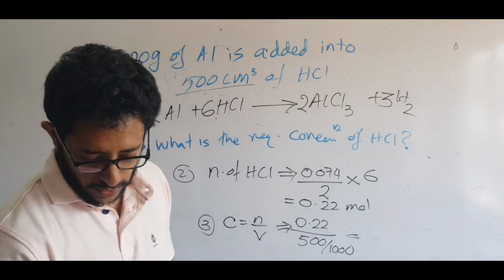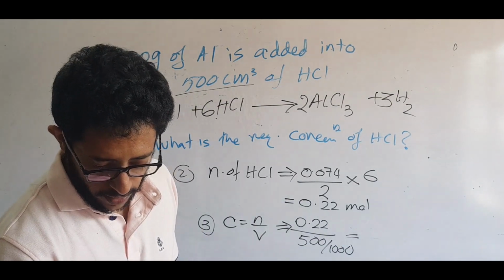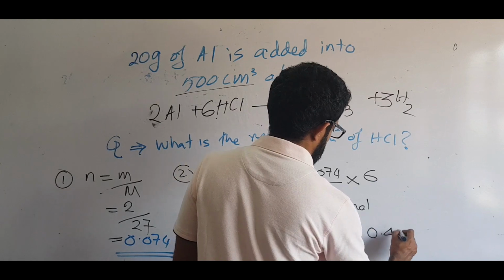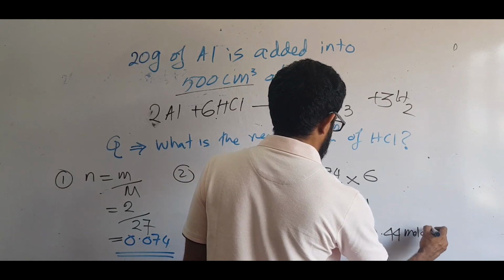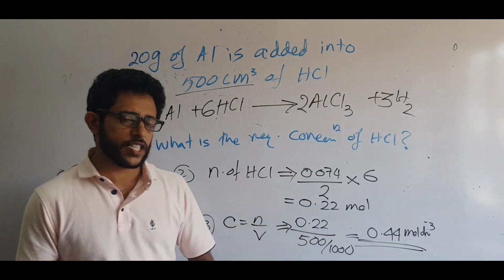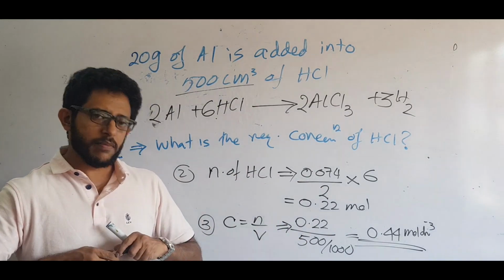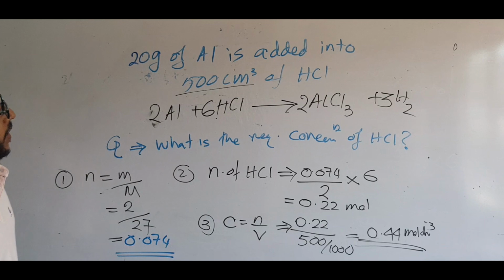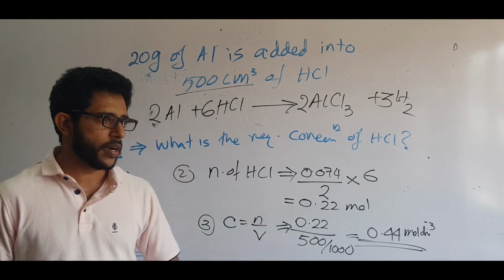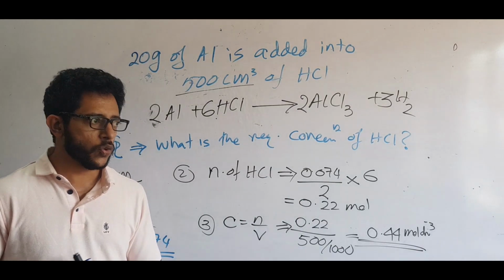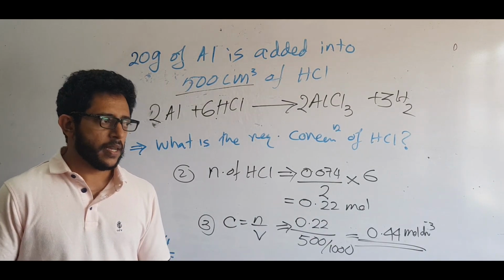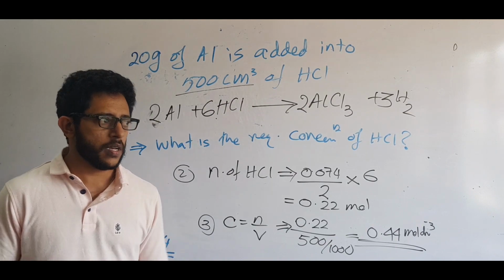So if I divide this by 0.5, 4.44 mol dm^-3. So this is the answer. This is the question that normally comes for MCQs, right? So 20 grams of aluminium is added into 500 cm³ of HCl, and this is how we do those. So we'll do few past paper questions and we'll see how we can come across this concept.